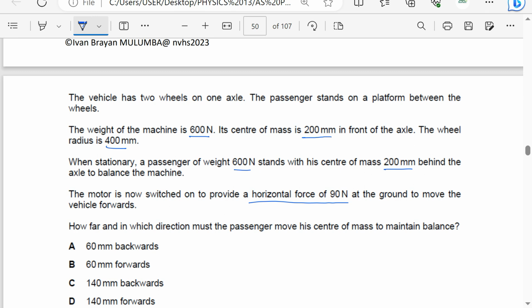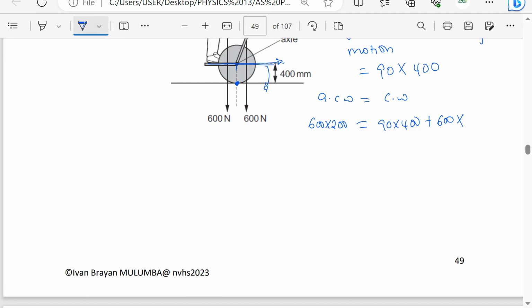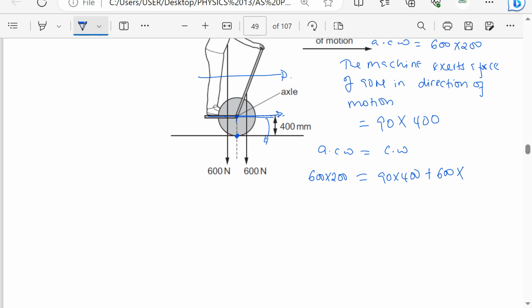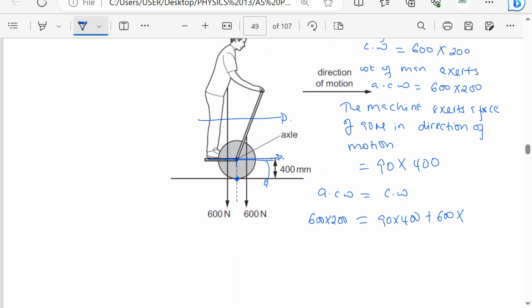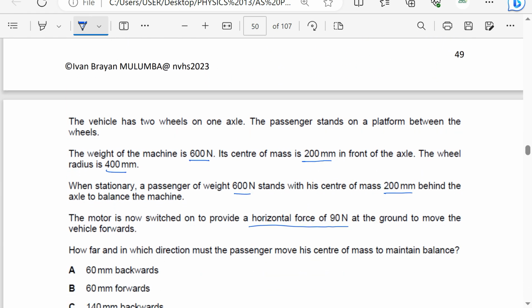The question is: how far and in which direction must the passenger move his center of mass to maintain balance? But how does this machine act?